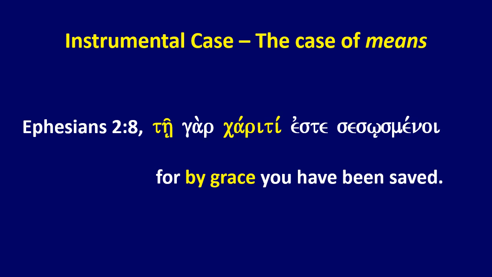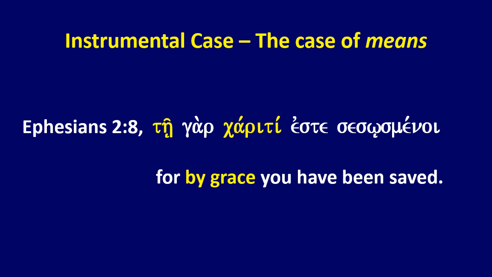We wouldn't view them as dative. To grace, for to grace you have been saved. That doesn't seem to make sense. And if this were dative, or for grace you have been saved, that doesn't seem to make sense either. Nor would the locative sense of in or on grace make sense here.